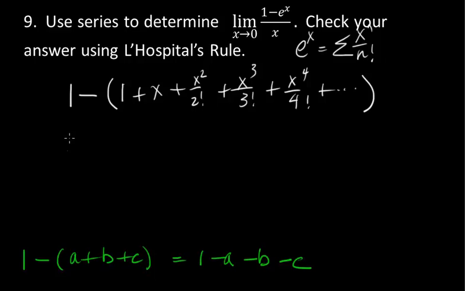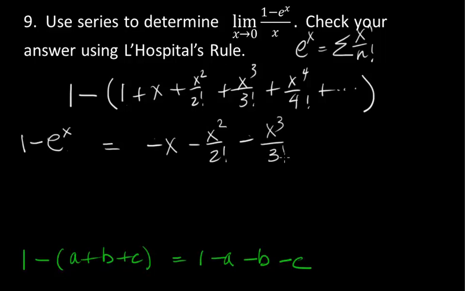So let's do that. So 1 minus e to the x is equal to, writing it in standard form for a series, 1 minus 1 is 0, minus x over 1 factorial, minus x squared over 2 factorial minus x cubed over 3 factorial minus x to the 4th over 4 factorial minus.